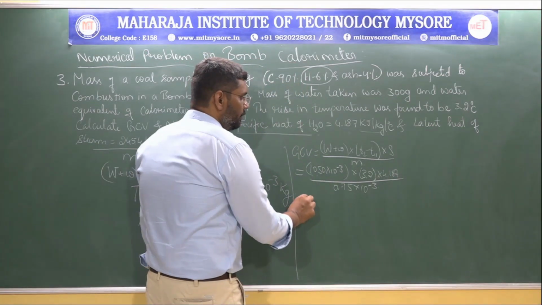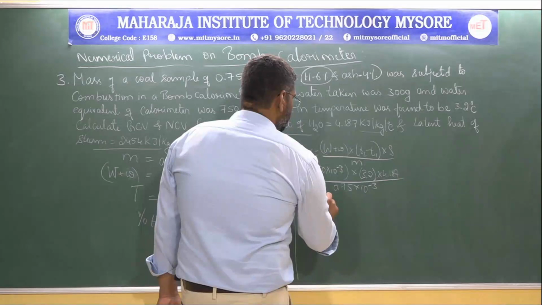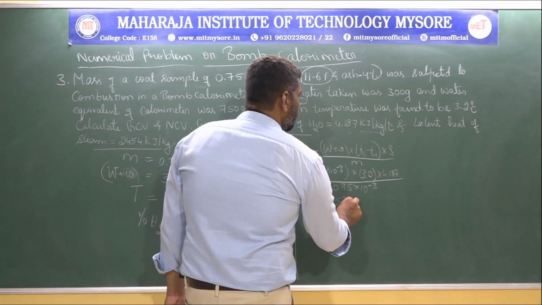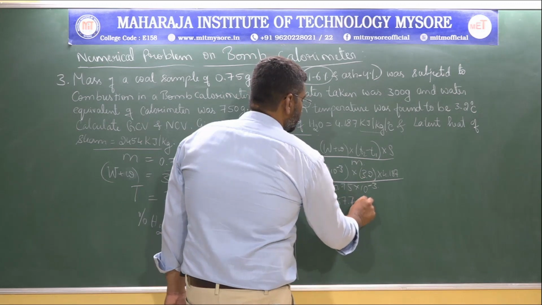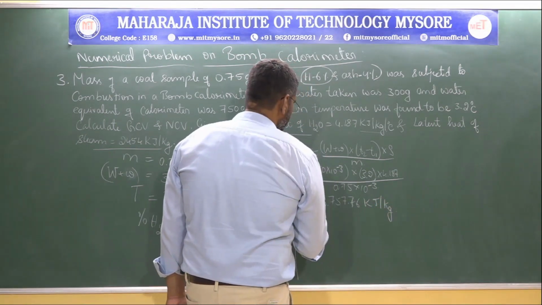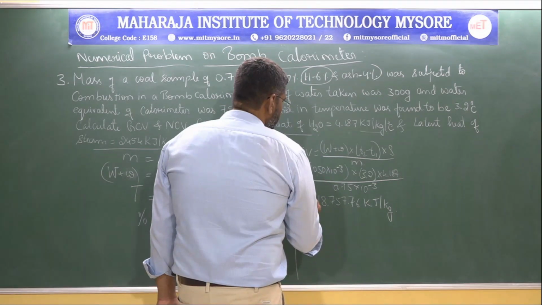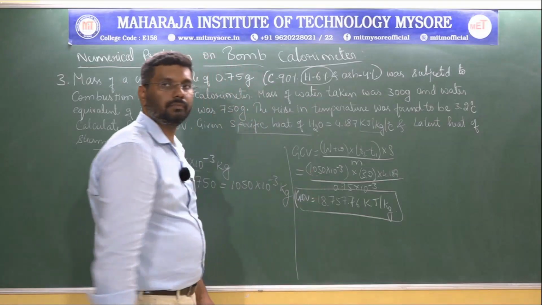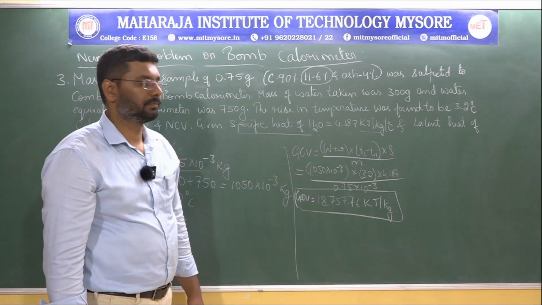If you simplify this, the final answer will be 18,757.76 kilojoules per kg. So this will be the GCV. Hopefully it's clear for you people.